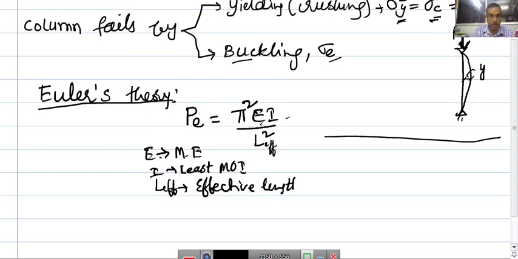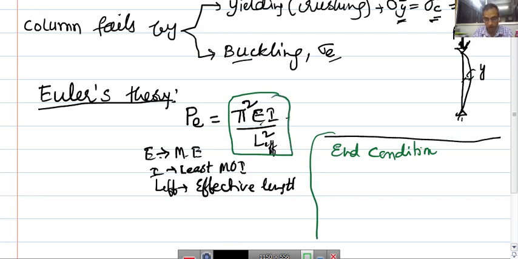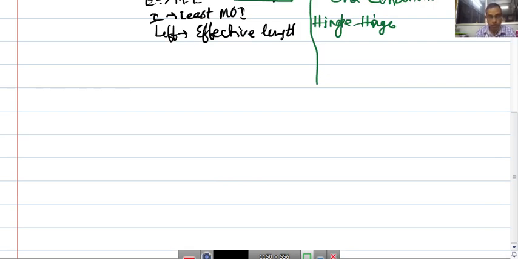So, we have studied different end conditions. We started with end conditions, so we could use only this formula with a change of L. If there is a hinge to hinge, one end hinged and the other end also hinged, then my column is something like this, hinge at both ends. When we apply a load P here, the entire length of the column is going to buckle.